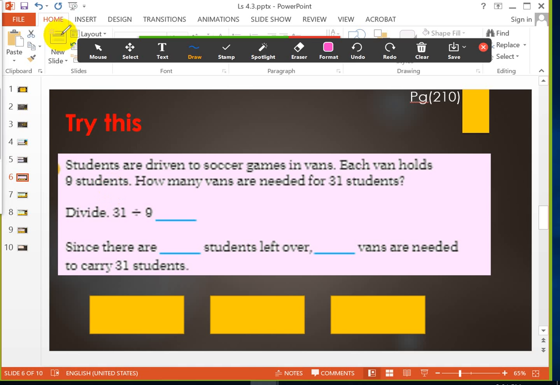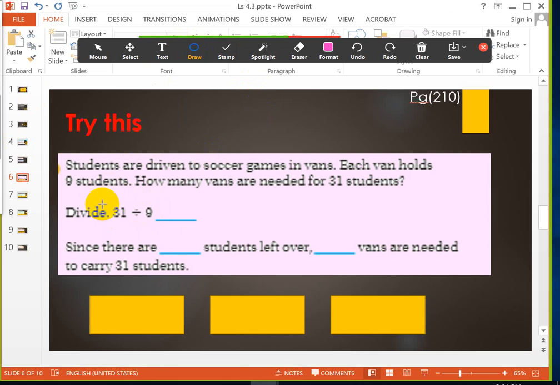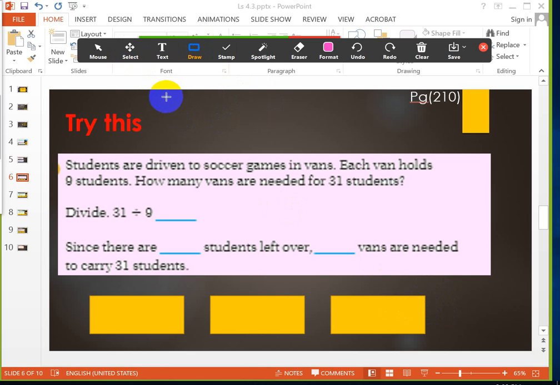So let's start. First thing, I will divide 31 by 9 in each van. Let's draw. You remember how to find it. If I have here those 9 vans, 1, 2, 3, 4, 5, 6, 7, 8, 9.